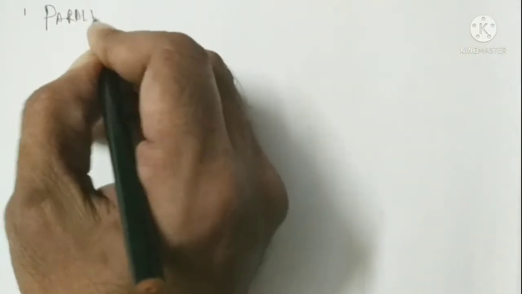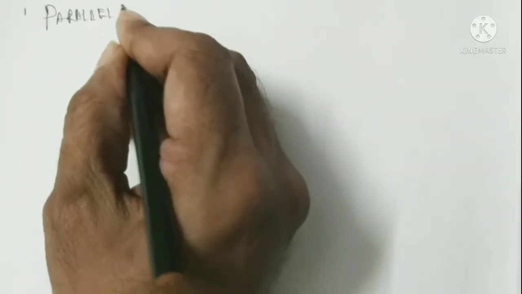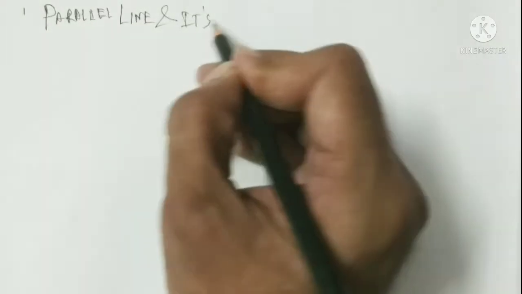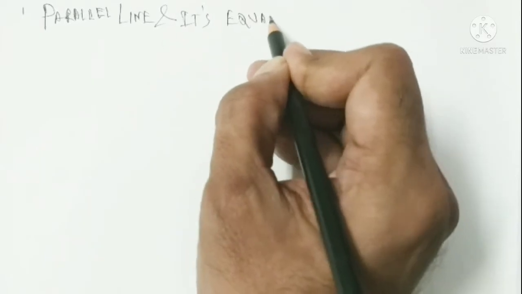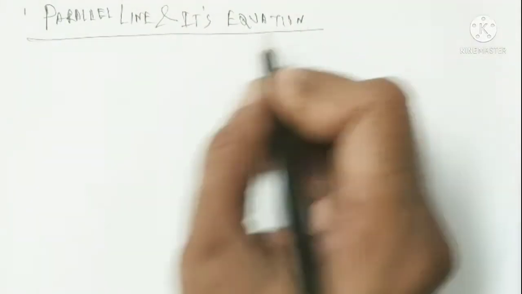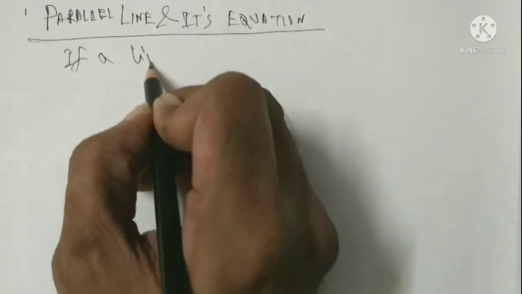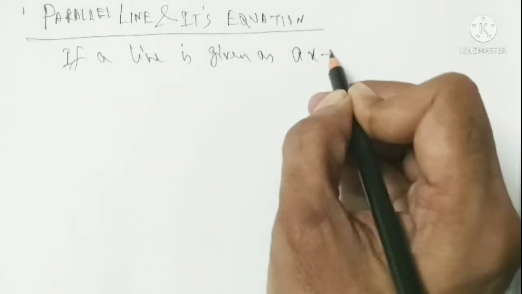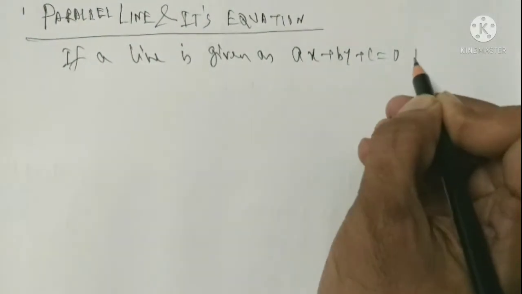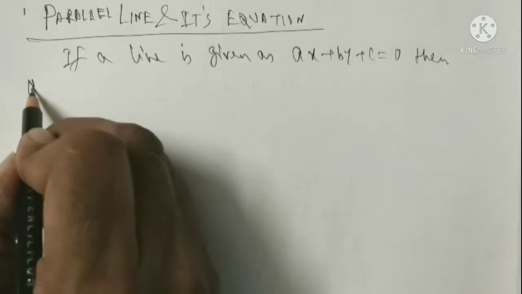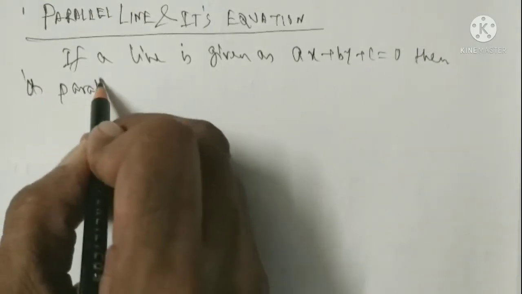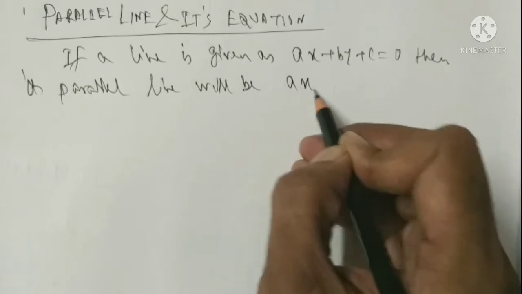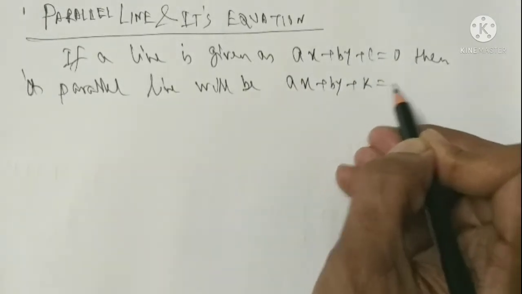Parallel line and its equation. If a line is given as ax plus by plus c equals 0, then its parallel line will be ax plus by plus k equals 0.